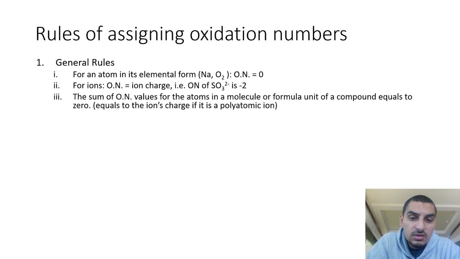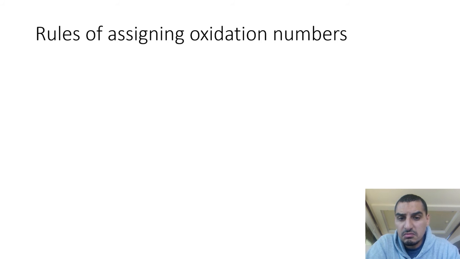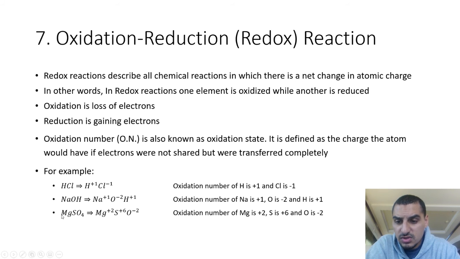If you have a molecule, then the oxidation number of this molecule has to be 0. Let's just go back to the case that we mentioned here. For magnesium sulfate, the charge of magnesium sulfate is 0. The oxidation number of the whole molecule is 0. If you add these, it is the summation of the oxidation numbers of its components.